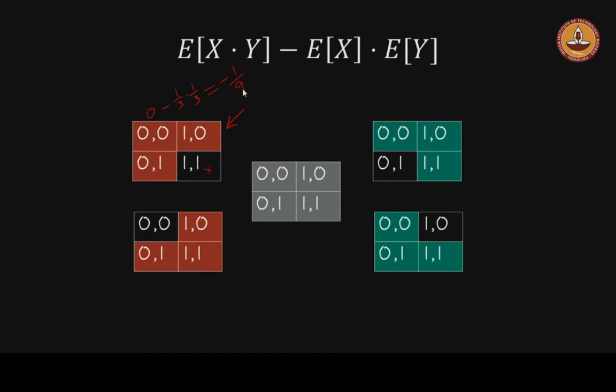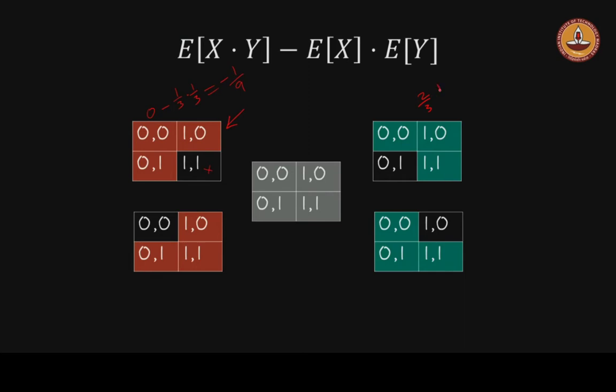Let us do something similar. What about this case? So, let us again pick the one that will. Okay. So, here let us again work on this one. Okay. So, what is the expectation of x here? It is going to be 2/3. What is the expectation of y?